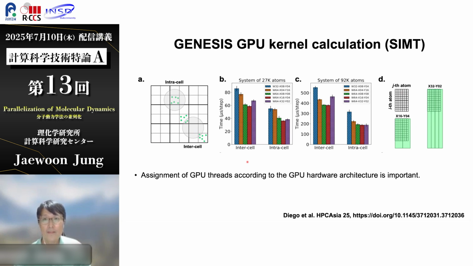So, for example, here, if you see, this one is the AMD GPU case. In the AMD GPU case, if we apply a block of 32 by making a block of 8x4, the performance is like this. But if we change it to a block size of 64 as 4x16, the total time is reduced.